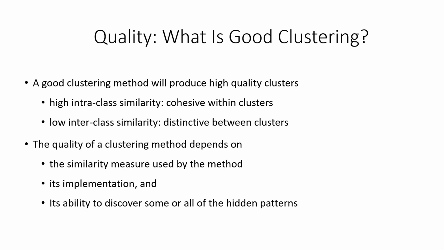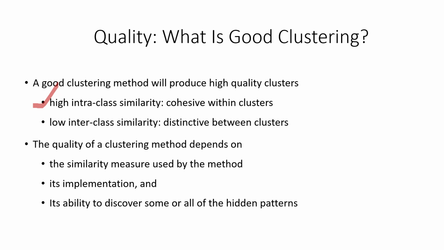Next, what is a good clustering? The clustering can be identified by two different parameters. One is intra-class similarity, another one is inter-class similarity. First, we'll see what intra-class similarity and inter-class similarity are. Intra-class similarity means that after clustering, the objects within the same cluster must be most similar.